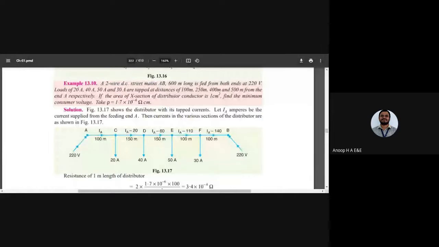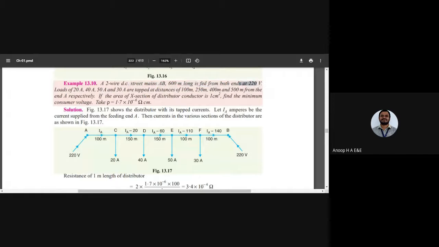You have a street mains of length 600 meter, point A to point B, and it is fed at both ends at 220 volt.